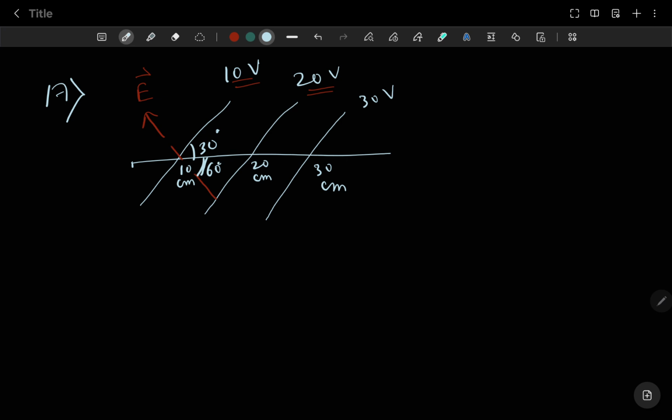Now see, this is 10 centimeters, so this is 20 centimeter. So we can tell that this length is 10 centimeter.